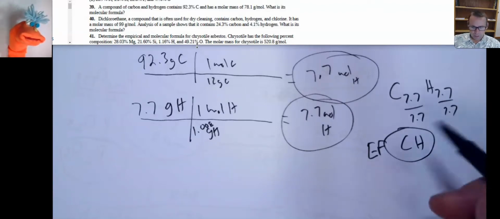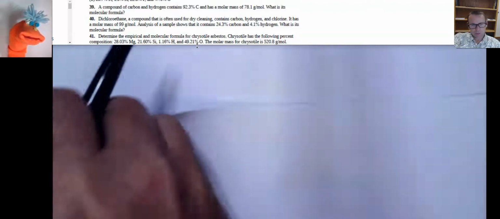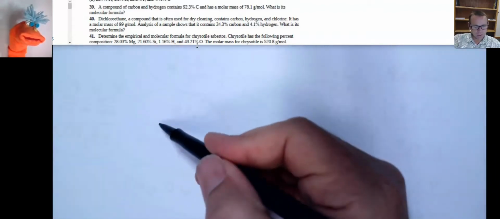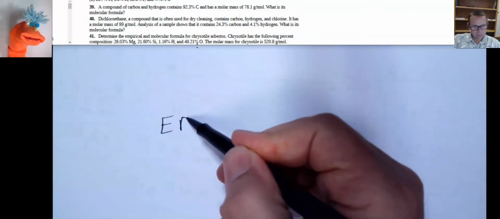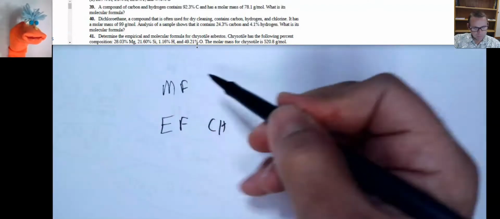So we have our empirical formula, CH. Now we're going to give ourselves a fresh paper to remind ourselves of the relationship between the empirical formula, CH, and the molecular formula.